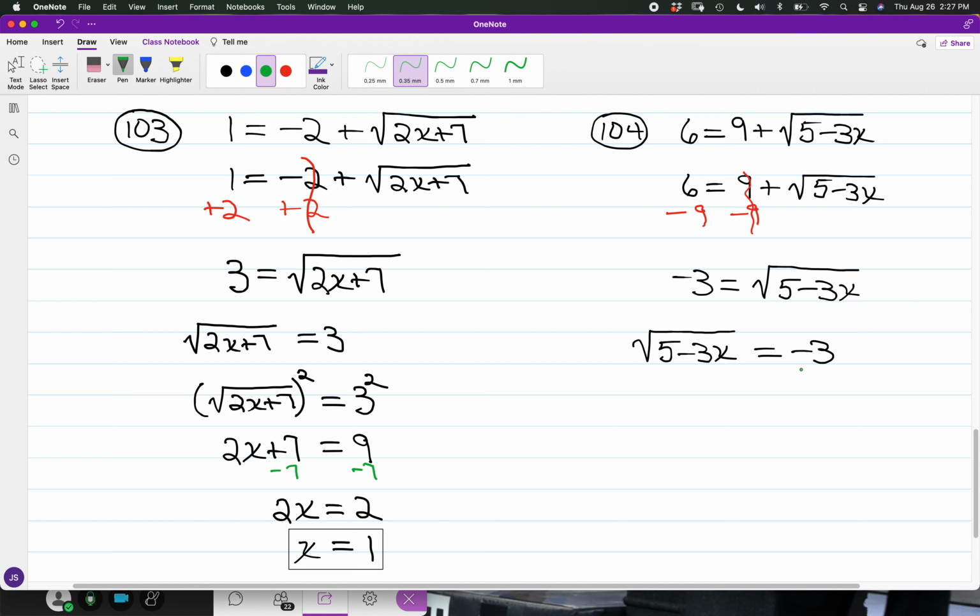And it's because of the negative here that we don't even have to continue trying to solve for x, because by the principal square root rule there is no solution. Again, no solution, and the reason being the principal square root rule.